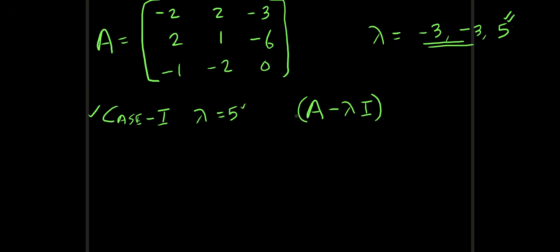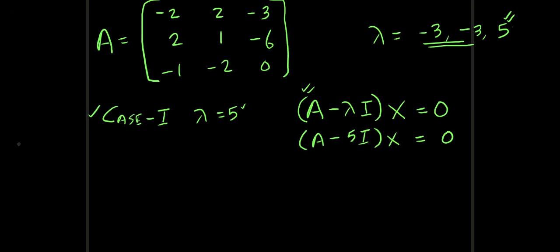And as always, the eigenvector is given by the equation (A minus lambda I) into x is equal to 0. That will be (A minus 5I) into x is equal to 0.